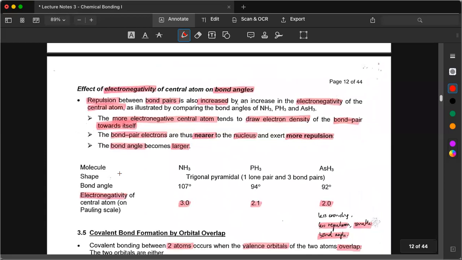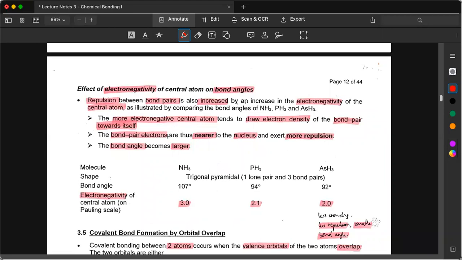Now, effect of electronegativity of the central atom on the bond angle. Repulsion between bond pairs is also increased by the increase in the electronegativity of the central atom. So the more electronegative the central atom is, it tends to draw electron density or the bond pair towards itself to a greater extent.